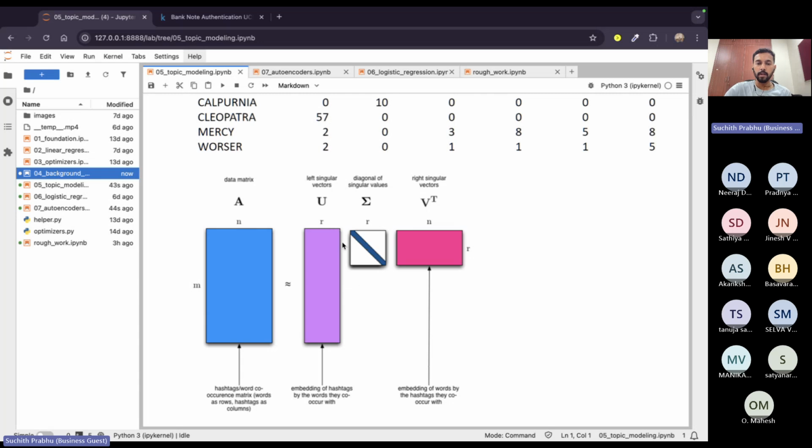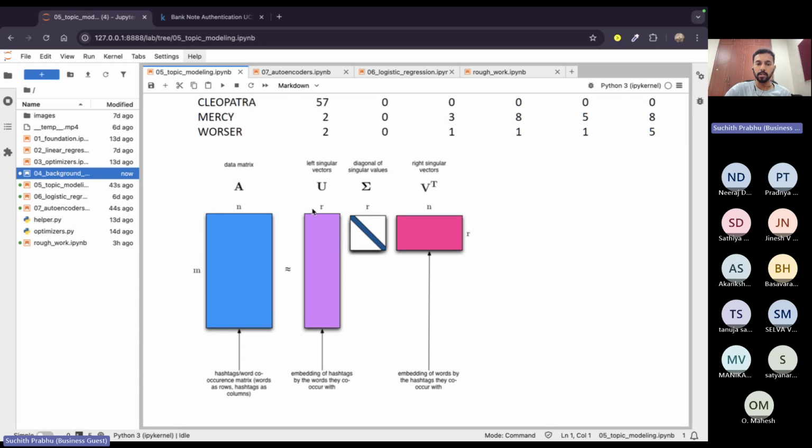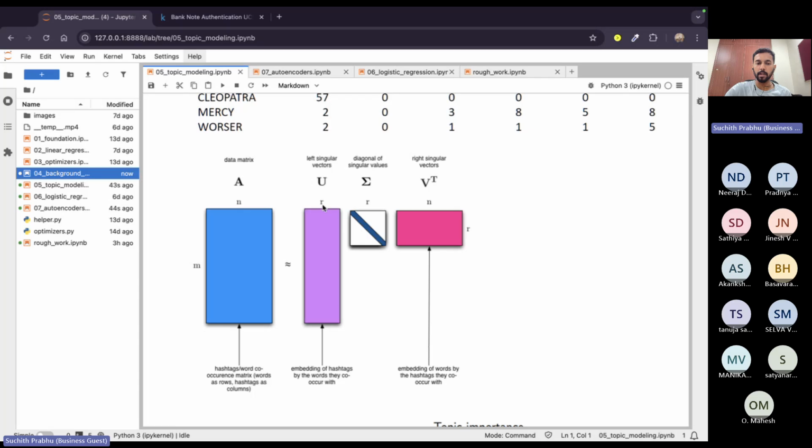The R vectors that we get are the topics. The important features that we get out of this decomposition represent the topics which are present.